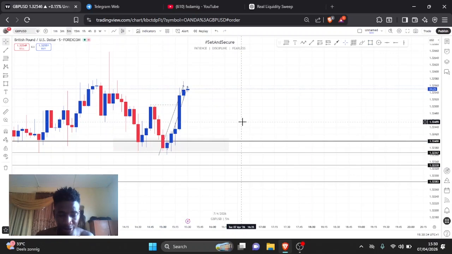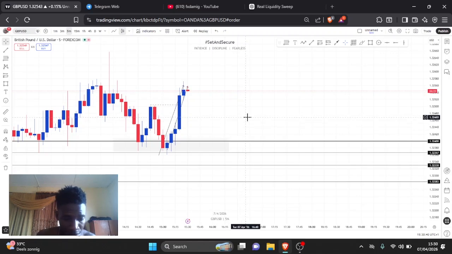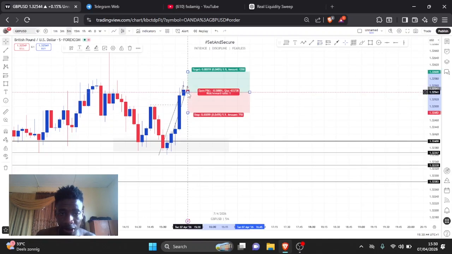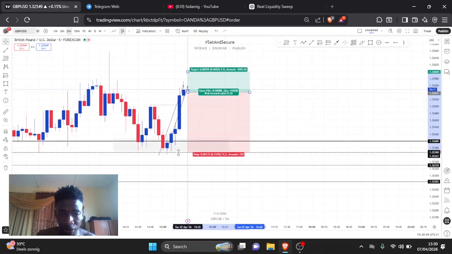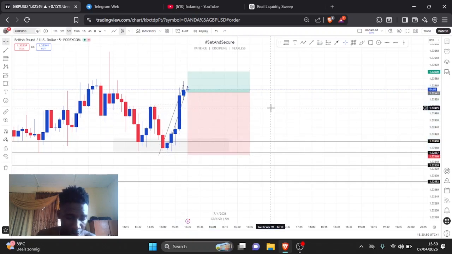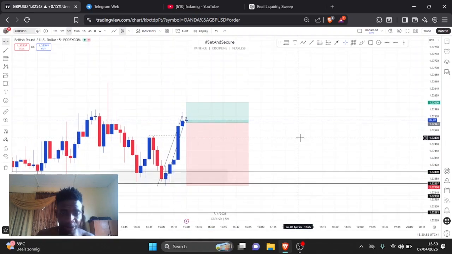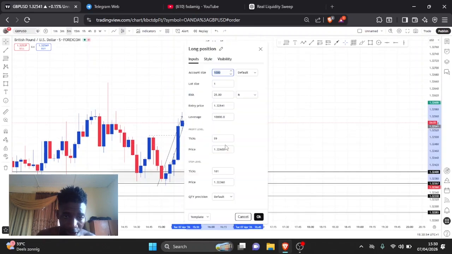So I've entered the buy, and my stop loss placement is going to be on the MT5. I entered at around 32552.